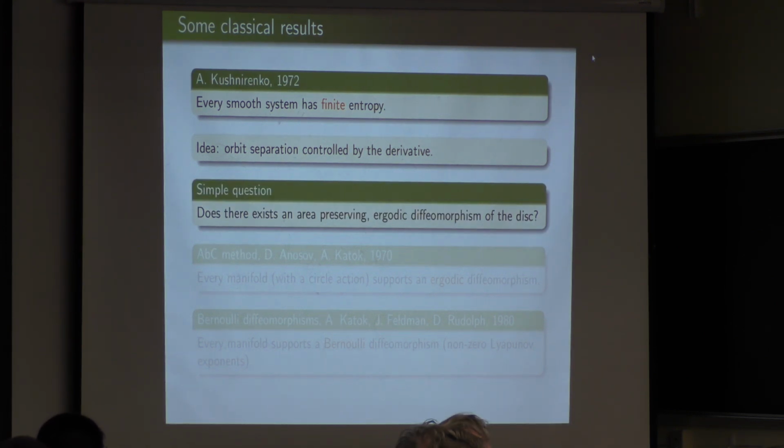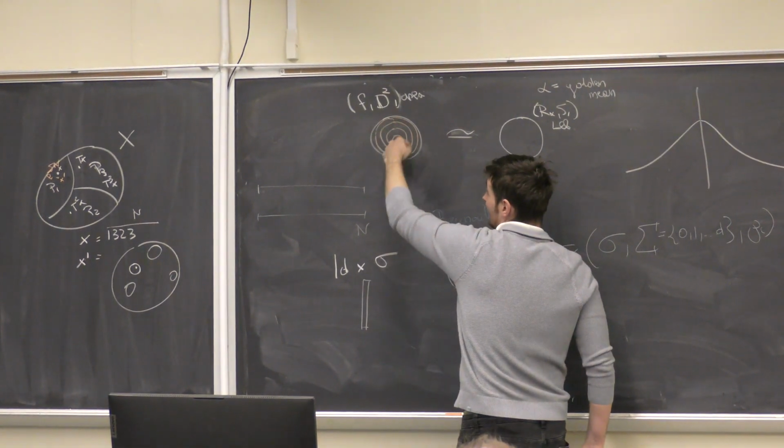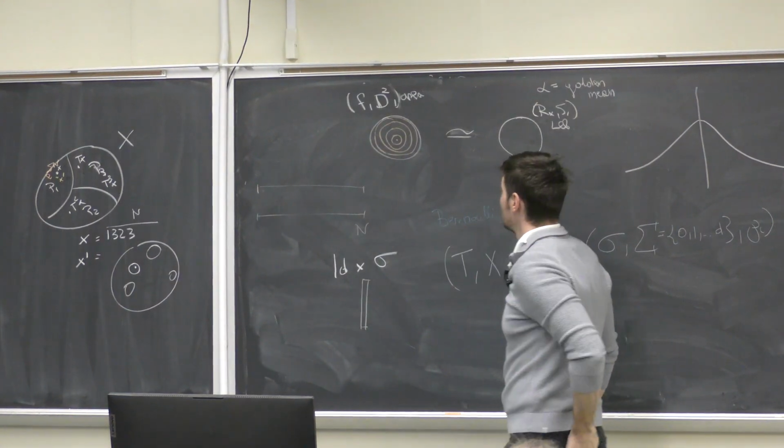Just to tell you how little we knew in the beginning, you take the disk, and it was not known if we can find an area preserving ergodic diffeomorphism of the disk. One simple map of the disk is that you rotate on circles, but clearly it is not ergodic because any circle is invariant, so I have plenty of invariant sets.